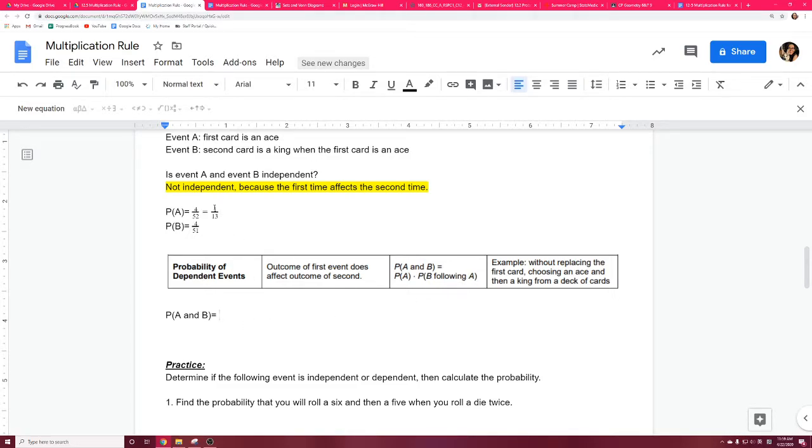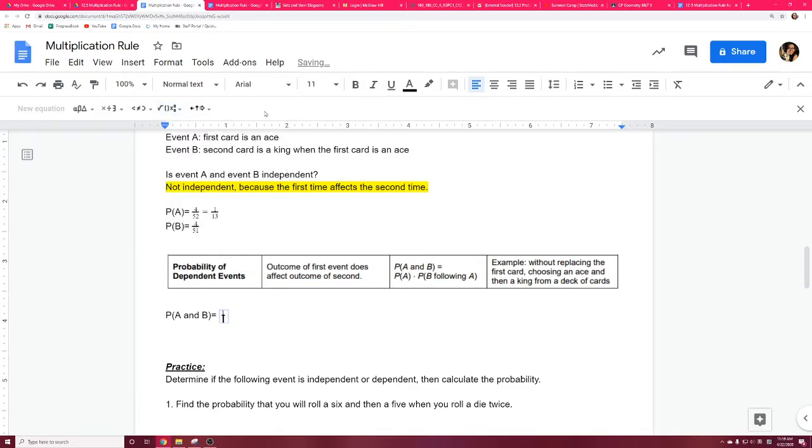So just multiply these two numbers together: 1 over 13 times 4 over 51. On the top will be 4, on the bottom, let's use the calculator, 13 times 51 is 663.